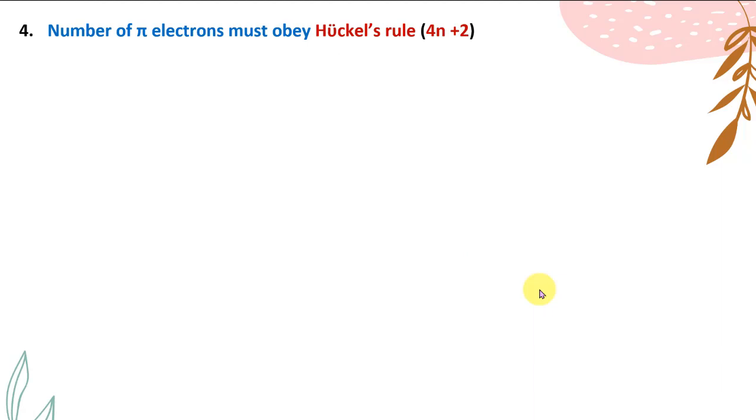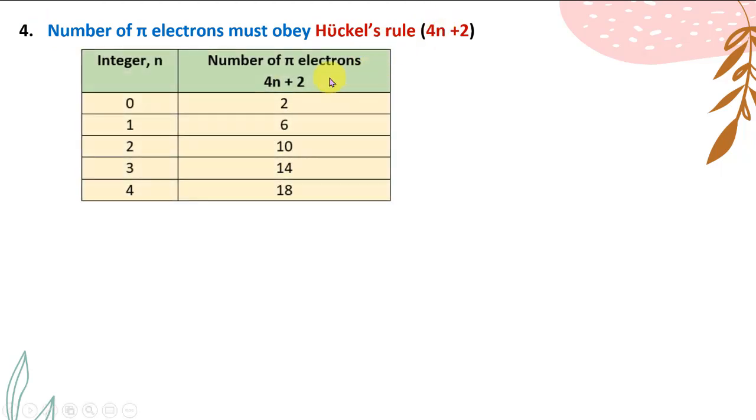So how are we going to check criteria number 4, Hückel's rule? It refers to the table given here. The values of n must be an integer starting from 0, 1, 2, 3, 4, and so on. So it can be 5, 6, and so on. The number of pi electrons is given by the formula 4n plus 2.